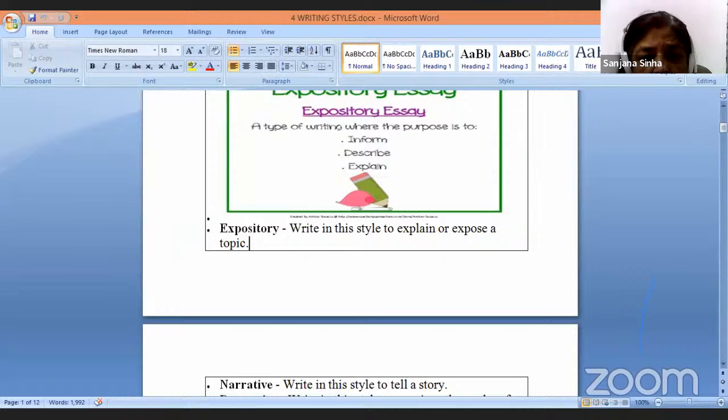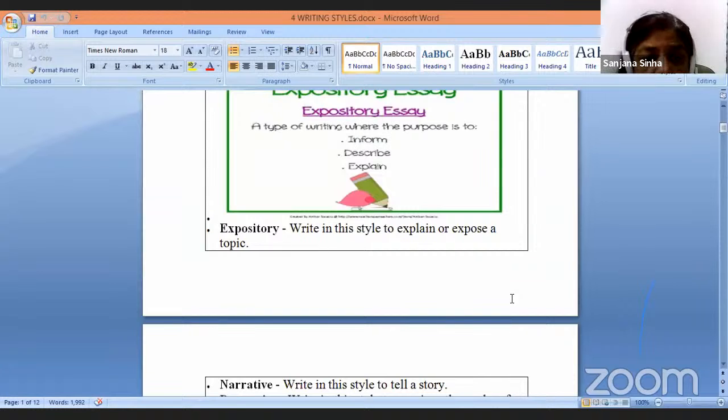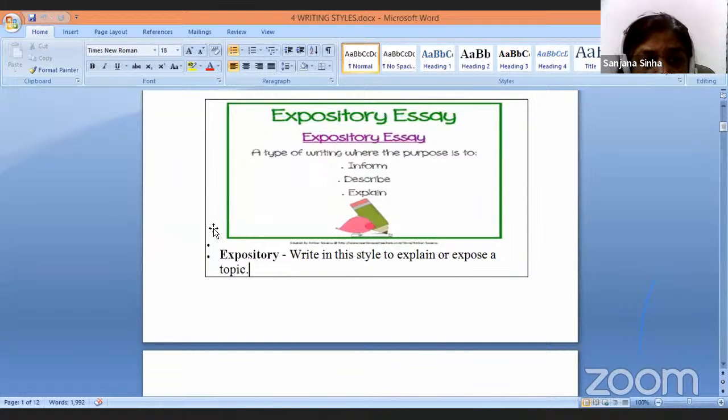Expository writing style, as you already know, informs. This type of writing, where the sole purpose is to inform, to describe, to explain.